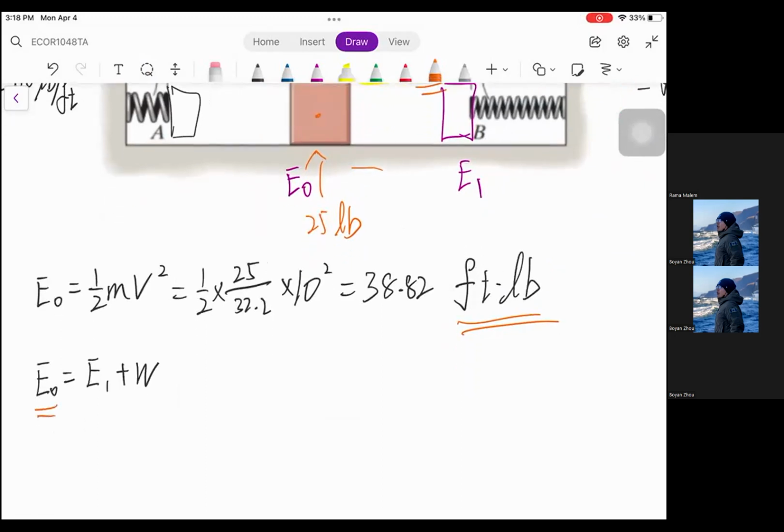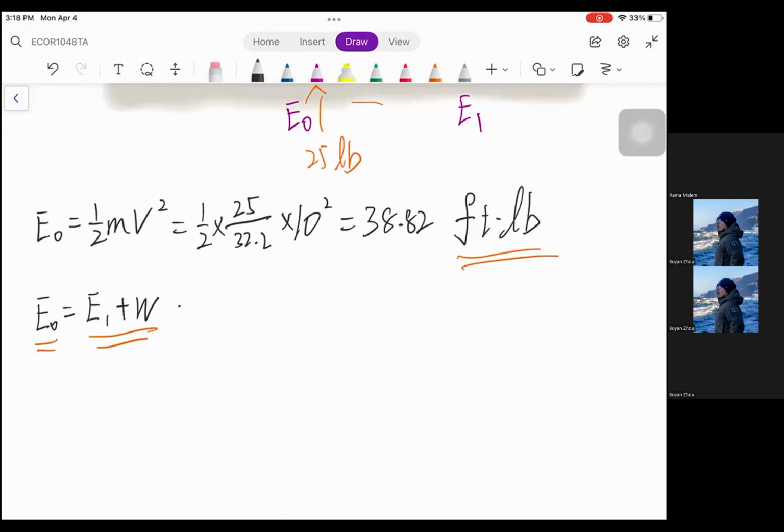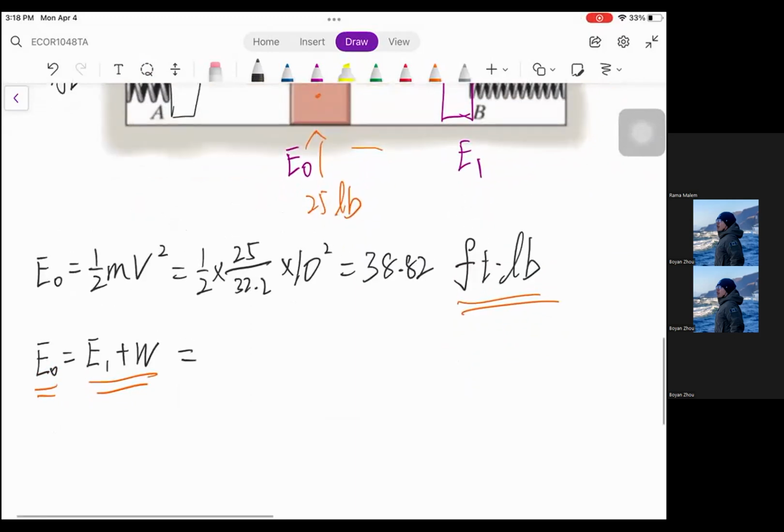So E1 plus the energy consumed by the friction, which is the friction times the distance the block moves, S1.